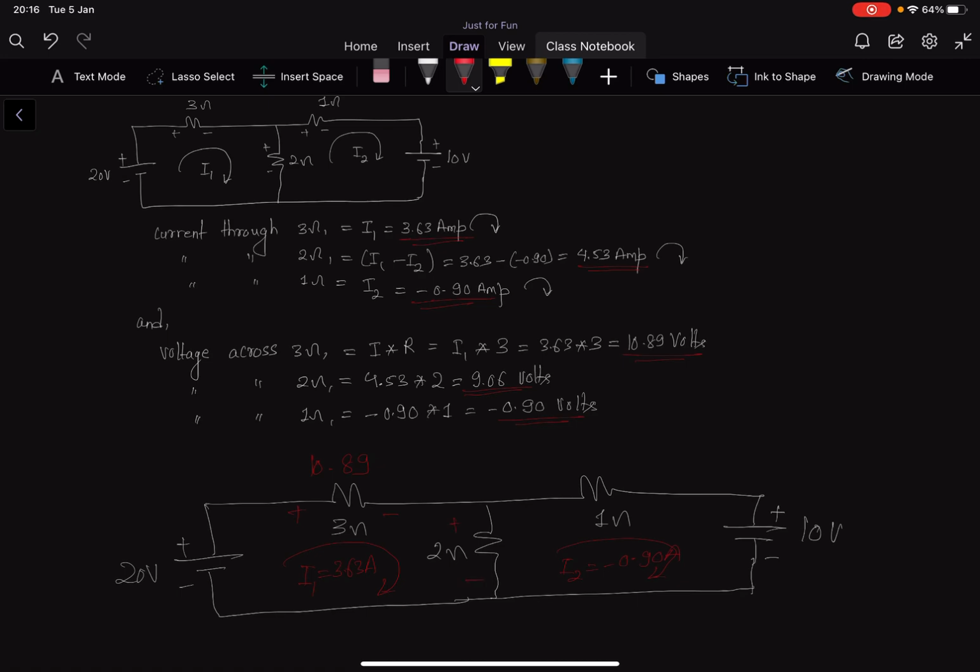The voltage across the 2 ohm resistor is 9.06 volts, and this one here is going to be plus here, minus here. But yeah, let's write this as 0.9, not a negative voltage, because we have changed this already here. Okay, let's write just volt. All right, so that's done.